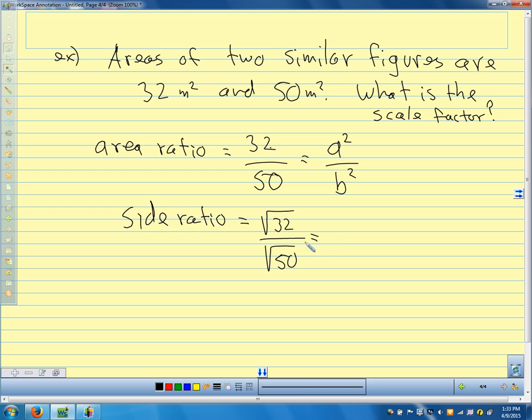And here's a nice little thing that happens here. We work in simple radical form. Square root of 32 is the square root of 16 times 2. Square root of 50 is the square root of 25 times 2. Square root of 16 is 4, so we get 4 square root 2. Square root of 25 is 5, so 5 square root 2. And the square root of 2 divided by the square root of 2 cancels, and we get 4/5.